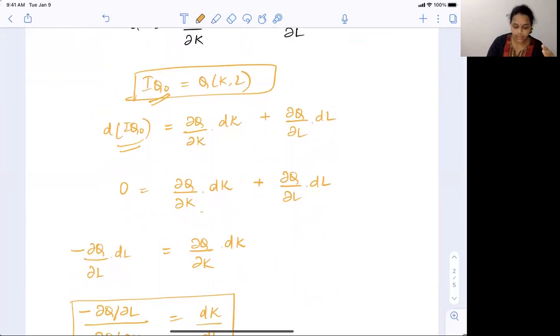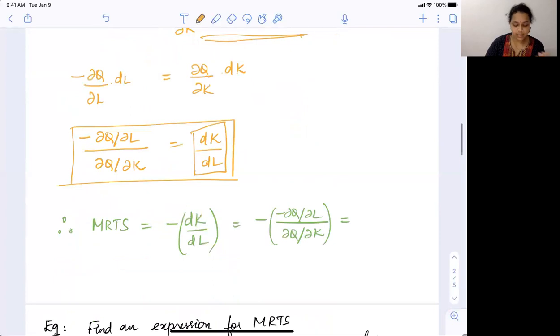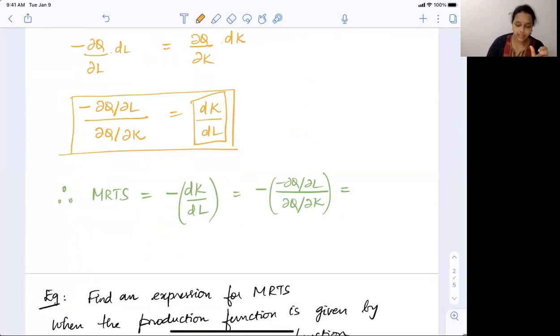Then once you rearrange the rest of these terms, you are able to get an expression for dK by dL, and that appears to be the negative of the ratio of marginal products. Now when you go back to the MRTS, which is the negative of dK by dL, and you plug in the expression, you end up getting that the marginal rate of technical substitution is just the ratio of the marginal products of inputs.